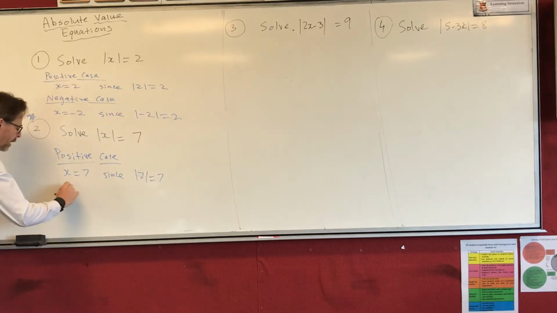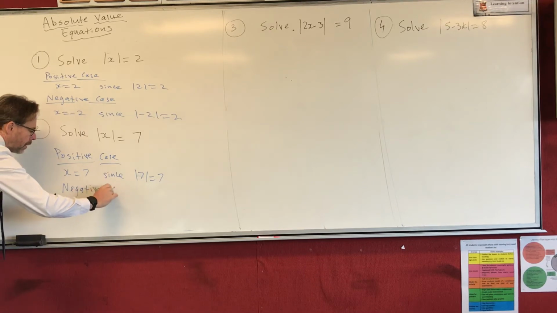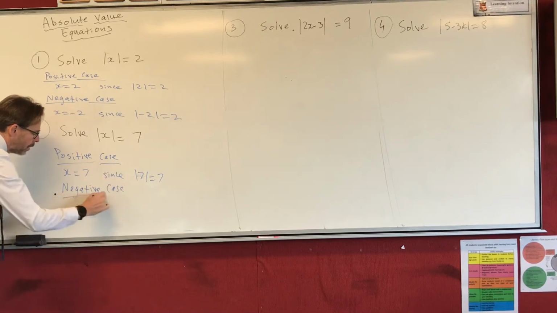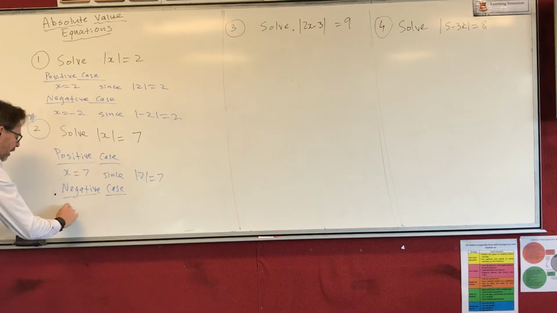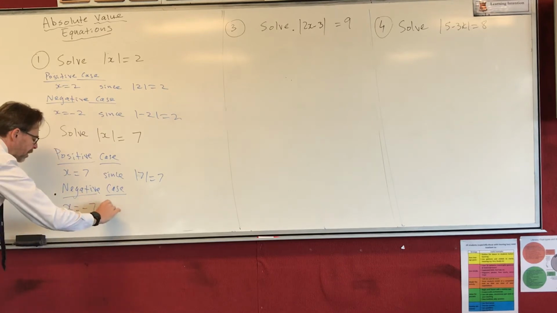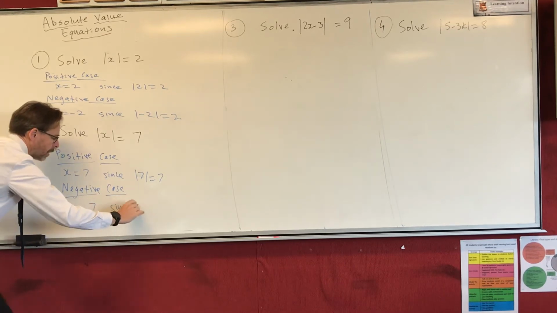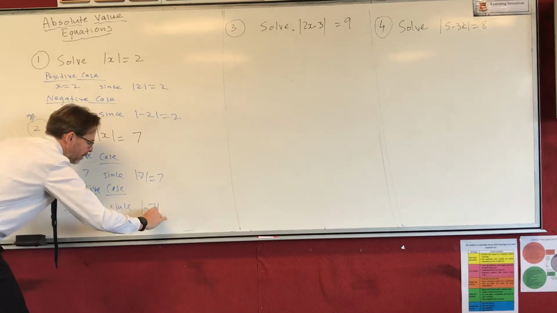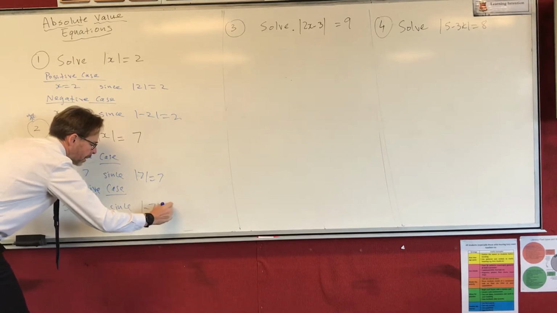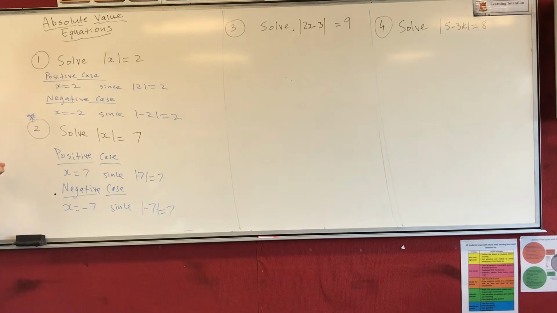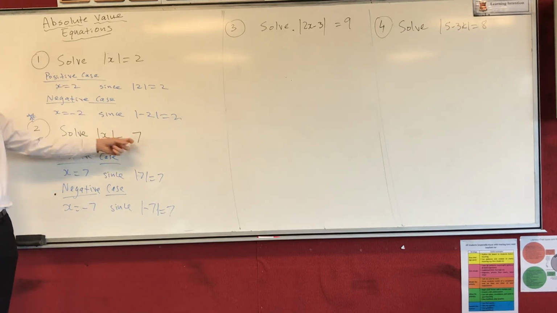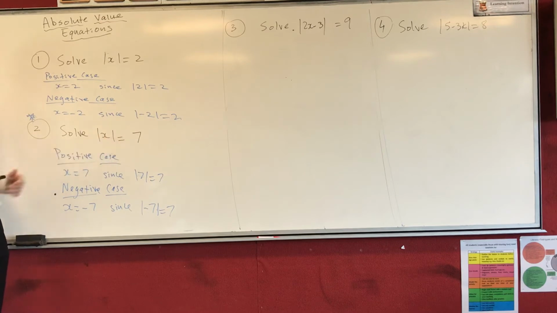And then the negative case is x equals -7 since absolute value of -7 is equal to 7. So two answers, 7 and -7.